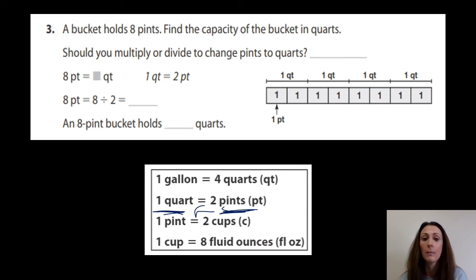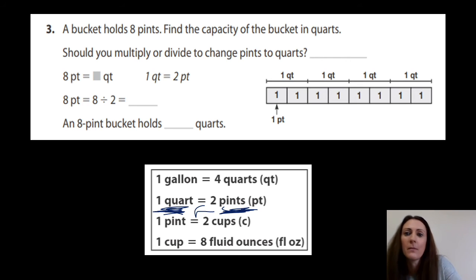Well, you have to think, am I going from a smaller unit to a larger unit? Or am I going from a larger unit to a smaller unit? I'm going from pints to a quart. Isn't pints smaller than a quart? So I'm going from smaller to larger. So therefore I'm, right, dividing.